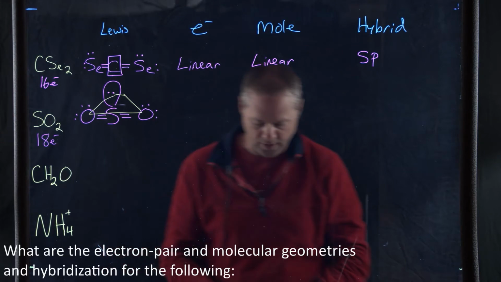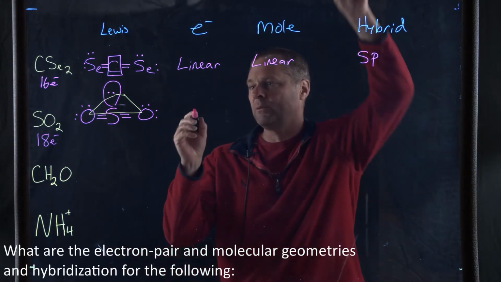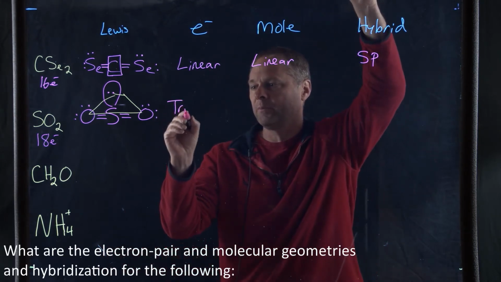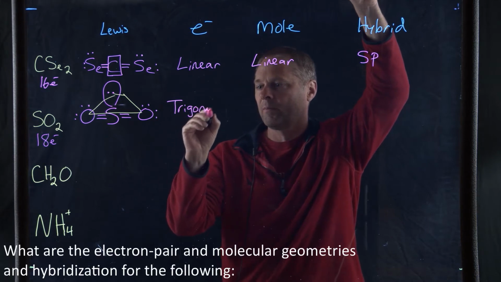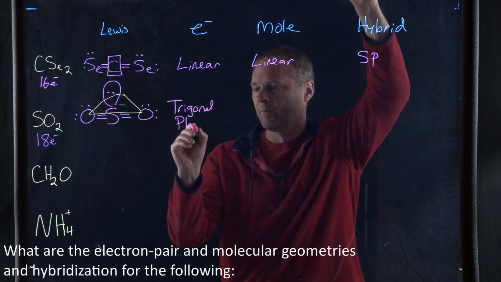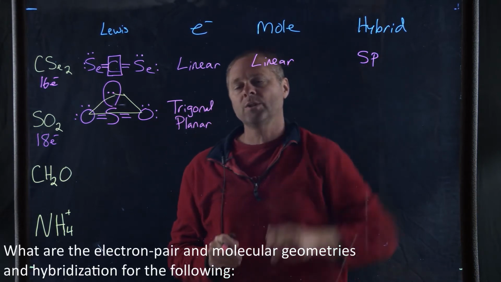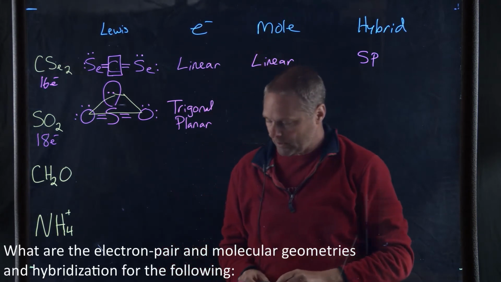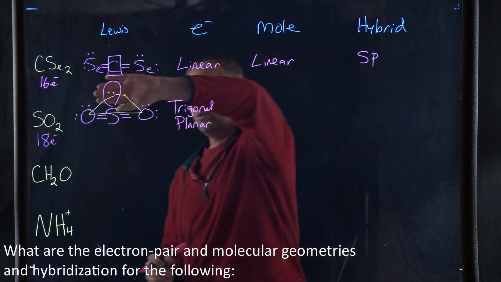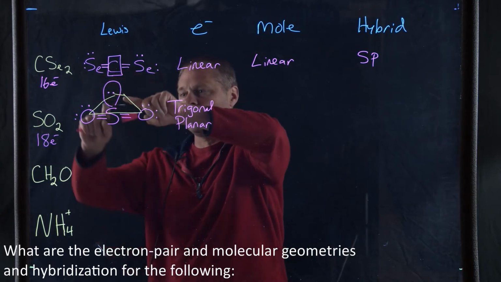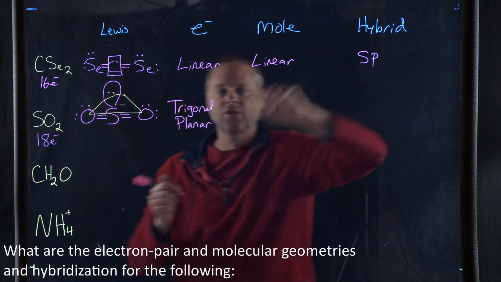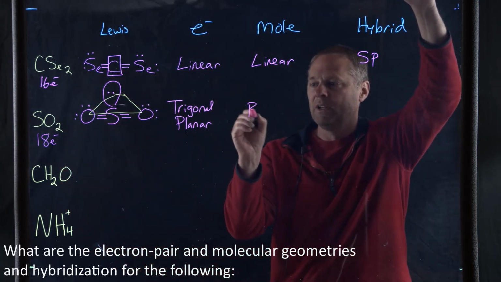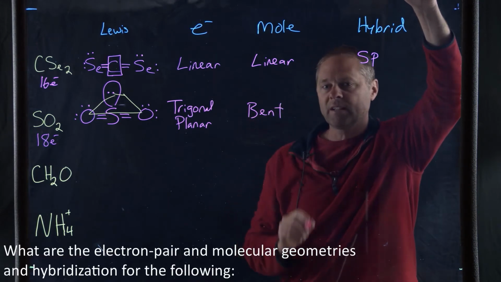I didn't draw a very good triangle there, but that's going to be trigonal planar. For the molecular geometry, we're not going to include that lone pair, and what's going to happen is it's going to force the oxygens to be down. So this is going to be in a bent configuration.